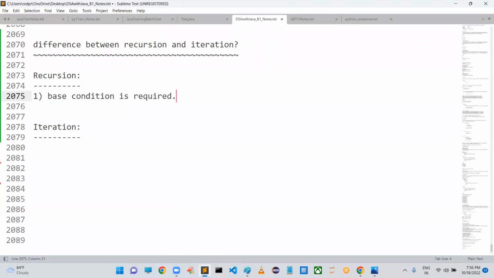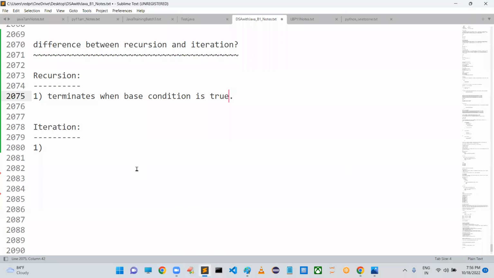In recursion, it will terminate when the base condition is true.